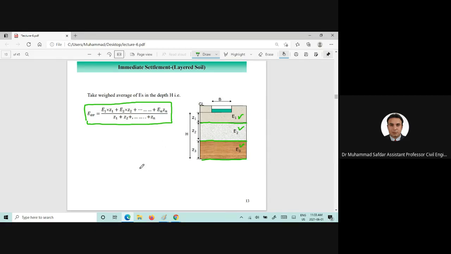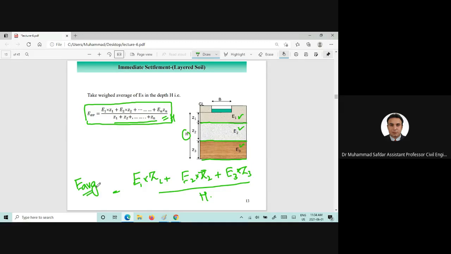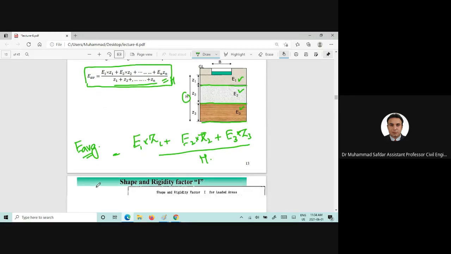If we simply multiply the modulus of elasticity with the depth of the layer, and then multiply the second one, and then add the third one, and we divide that by the h. For example, this whole z1 plus z2 plus z3 would be equal to the height of those 3 layers. Then we will get the weighted average modulus of elasticity for those particular layers.